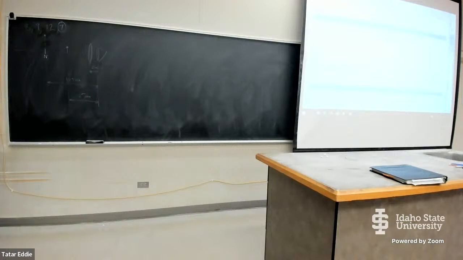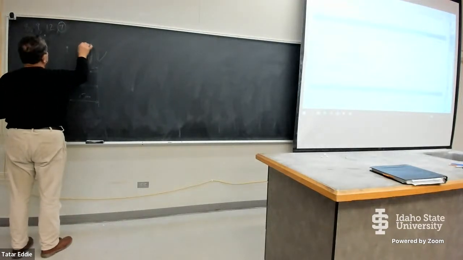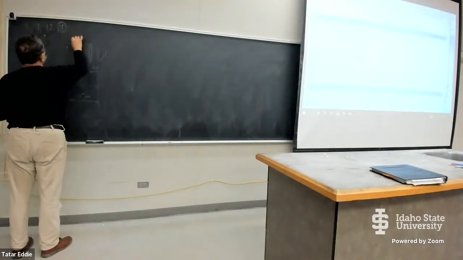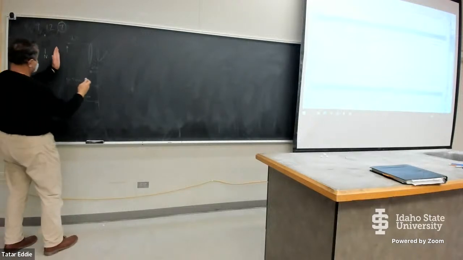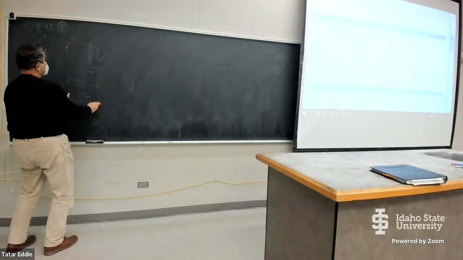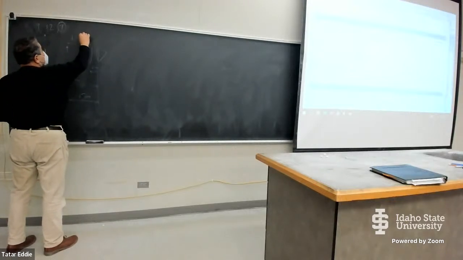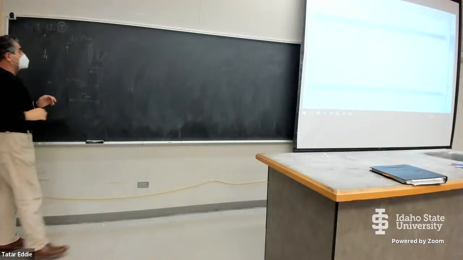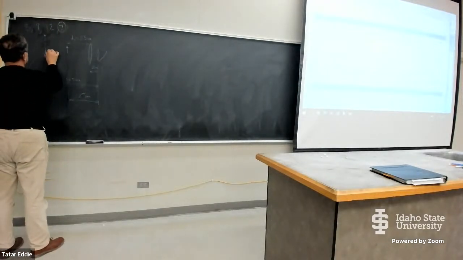So, looking at the diagram, this is your DO. What is DO for my version? Well, this is 25. DO has to be what? 23. And here is DI.